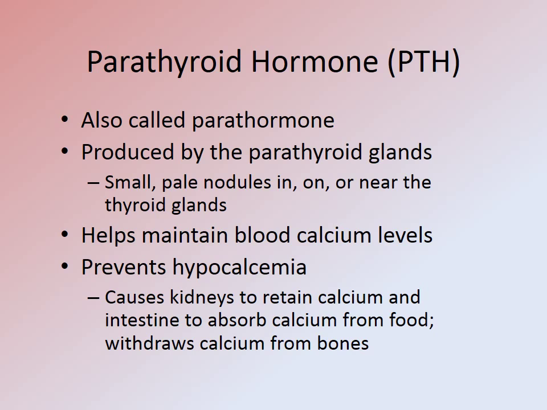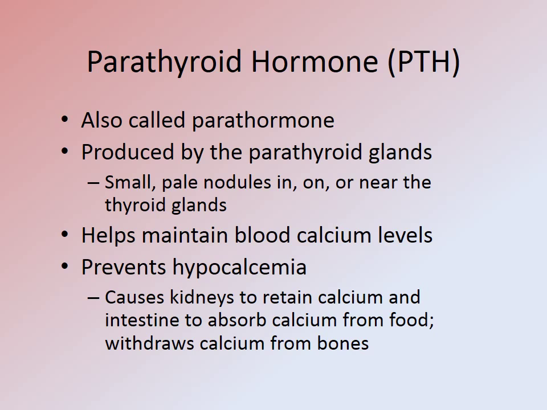They cause the kidneys to retain calcium and the intestine to absorb calcium from the food, and they also withdraw calcium from bones. So thanks to these parathyroid hormones, if we ever become low in calcium, the parathyroid gland will cause the removal of calcium from our bones.